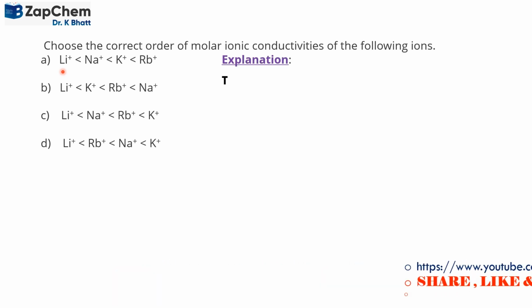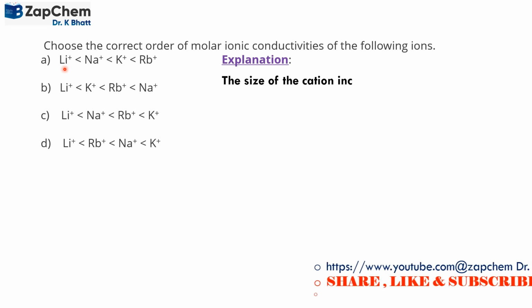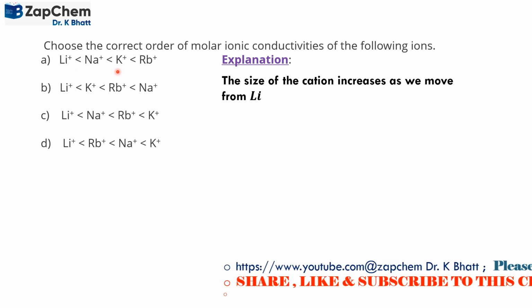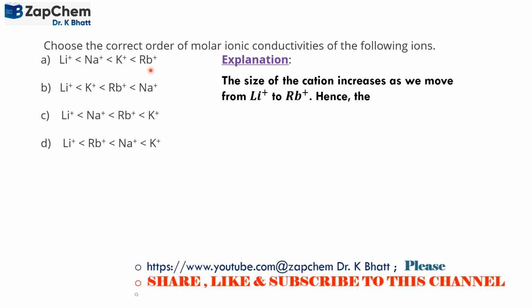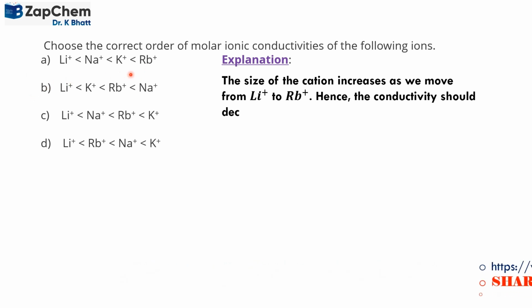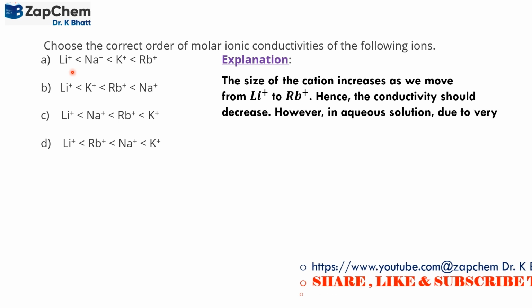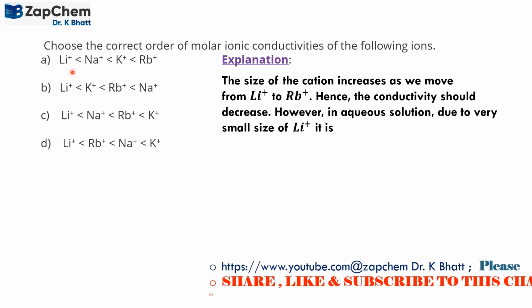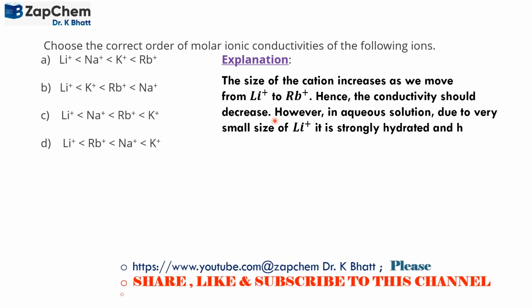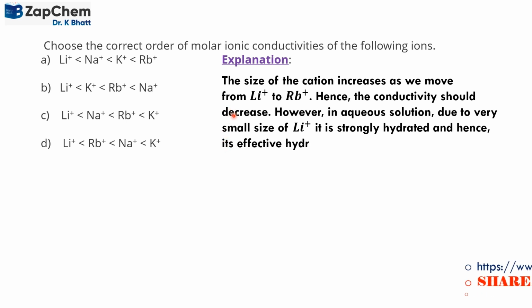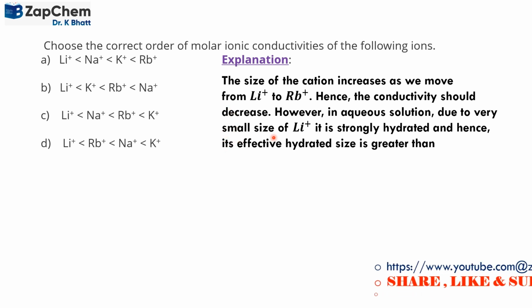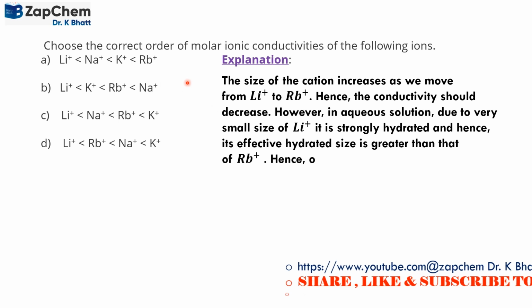And it happens because when you prepare a solution in liquid state, solution of lithium or sodium, potassium, rubidium, the lithium gets hydrated. And when the hydrated lithium ion is there, the size of the hydrated lithium ion is slightly bigger than even rubidium.